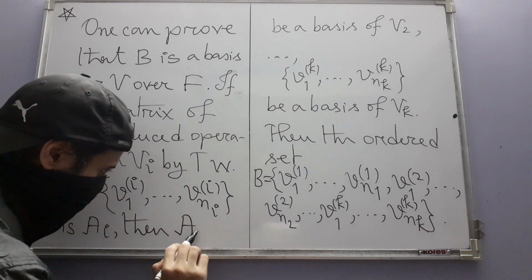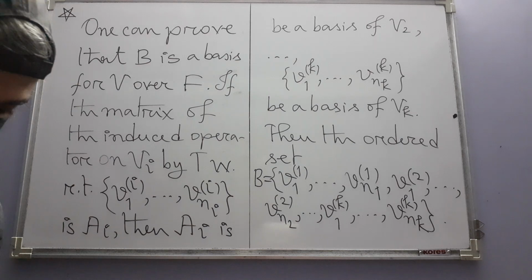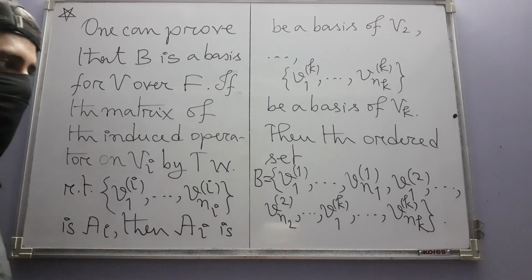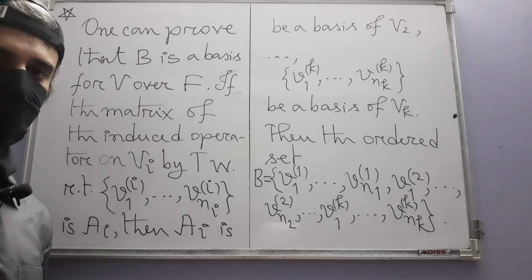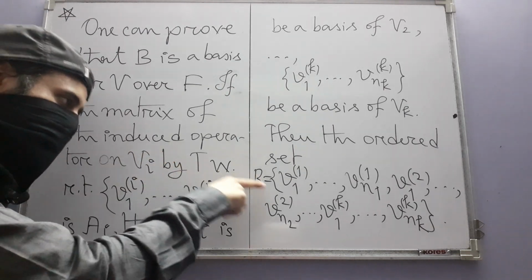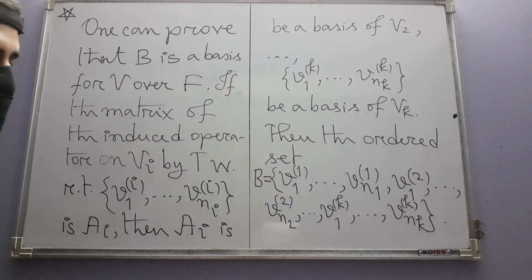Then Ai is obviously an Ni by Ni matrix. That's the first thing. And the second thing, which is extremely easy to verify, is that the matrix of T with respect to B will have that desired form.